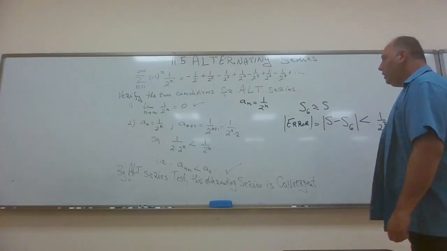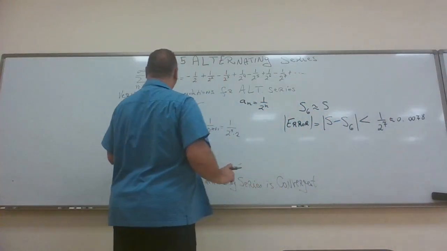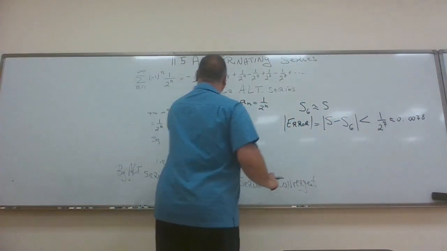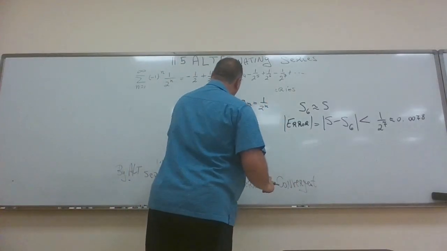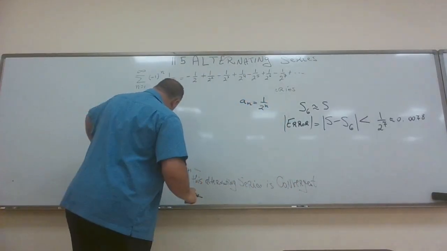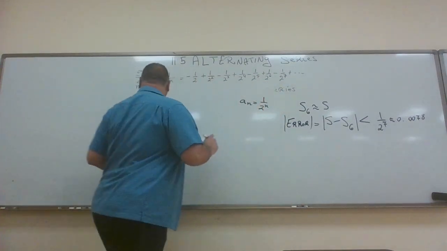Another question could be, how many terms should I add in order to get a certain precision? So let's say I want to have an error smaller than, I don't know, 10 to the power minus 5, for instance.